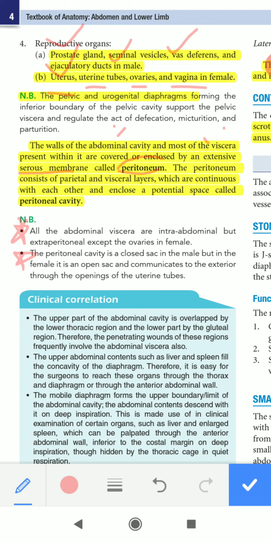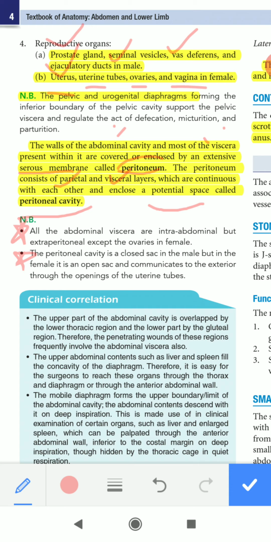In the thorax we studied the parietal pleura and visceral pleura. In the abdomen there is a similar serous membrane known as the peritoneum. The peritoneum has two layers, visceral peritoneum and parietal peritoneum, and between the two layers there is a potential space known as the peritoneal cavity.